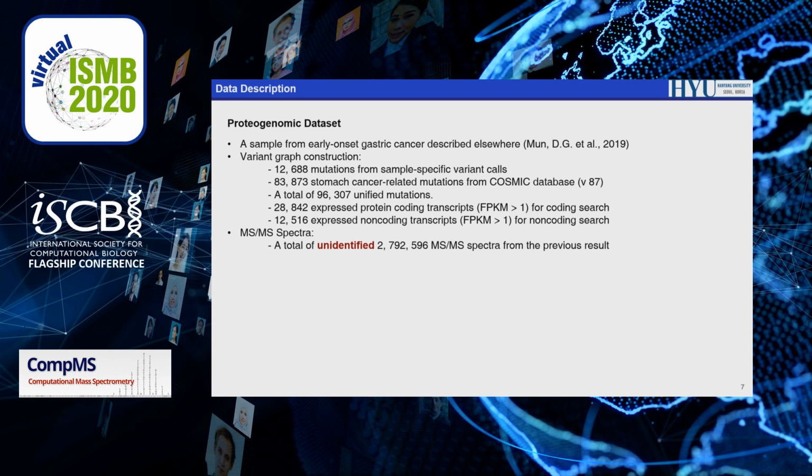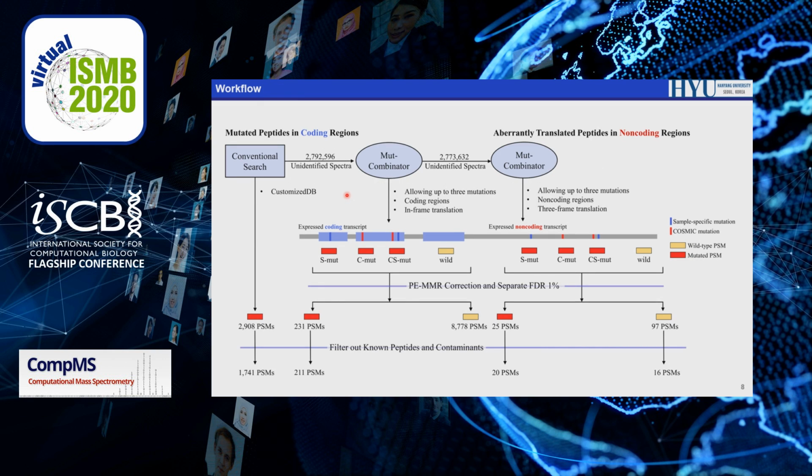Against the variant graph, we searched almost 2.8 million MSMS spectra, which were left unidentified from previous search using FASTA sequence database. This shows the workflow in this study.